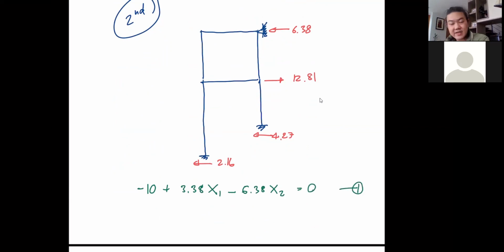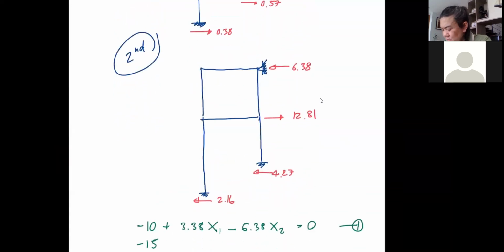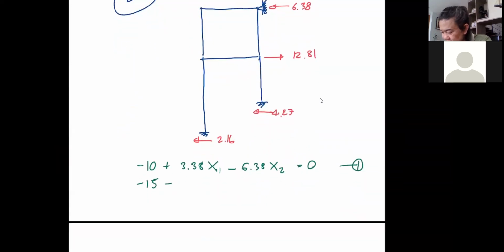And then the second equation, it's 15 going to the left, right? So it's minus 15. And now we look at this. It's 4.33 going to the left, so it's minus 4.33 x1. And then this one is going to the right, so it's plus 12.81 x2 equal to 0.